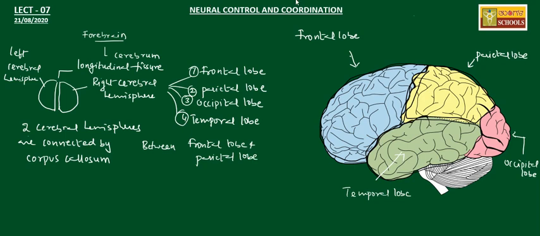We can see here the fissure which separates the frontal lobe and parietal lobe. That fissure is called the fissure of Rolando, or it is called the central sulcus.